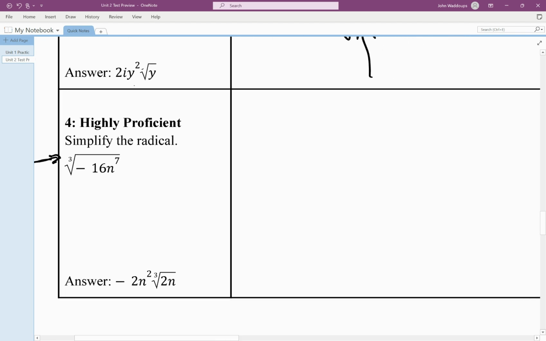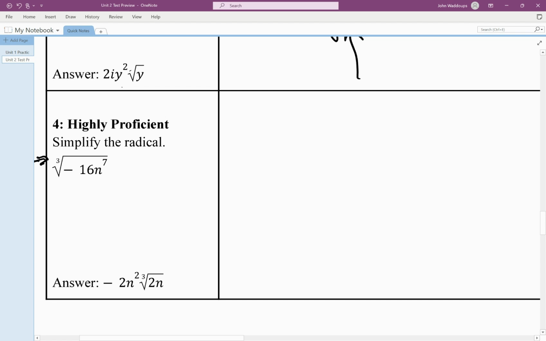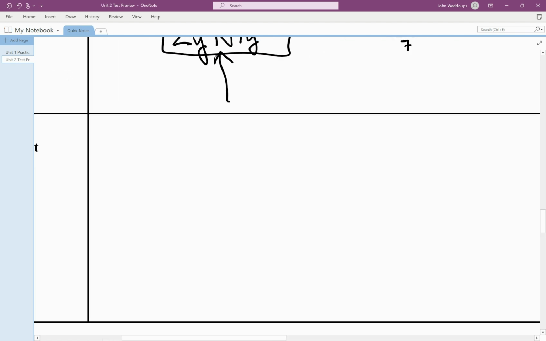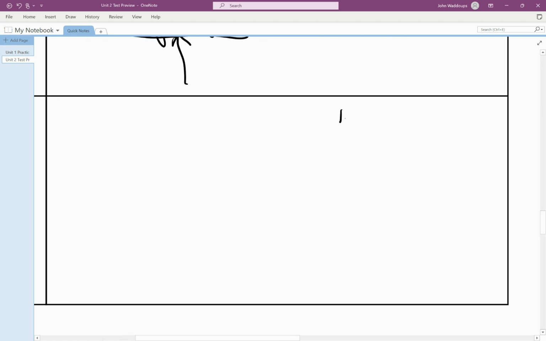So first I'm going to take 16 and break it down into its prime factors. Off to the side here, I'm going to write 16 is equal to, and I'm going to go to the smallest prime factor, which is 2. 2 goes into 16 8 times, and then 2 goes into 8 4 times, and 2 goes into 4 2 times, and 2 is prime.